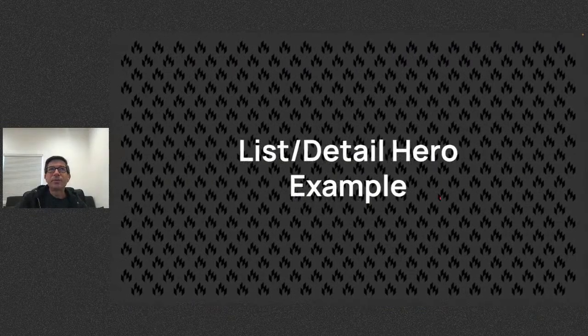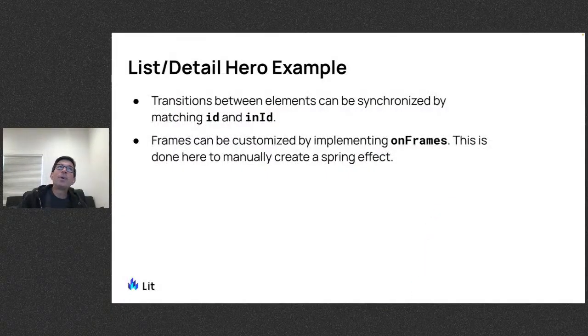To emphasize, the ID and inId link the two together so that we can synchronize and really show the relationship between the elements, which is one of the cool things you can easily do, which otherwise would be a lot of boilerplate to set up. And again, it did that spring effect with the onFrames, which I didn't show, but you can check out the code if you want.